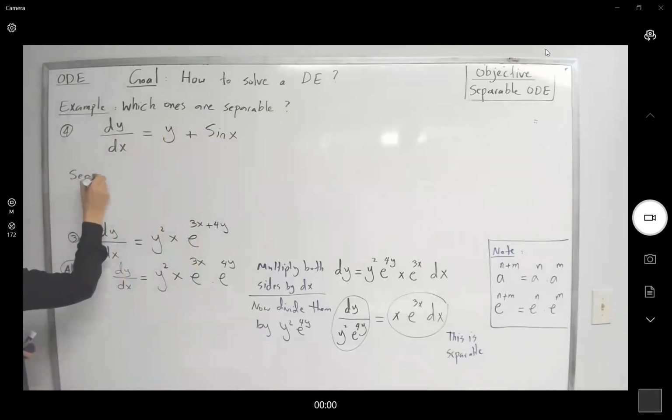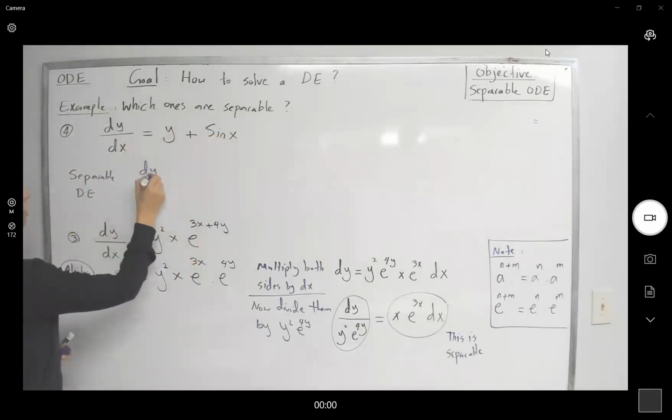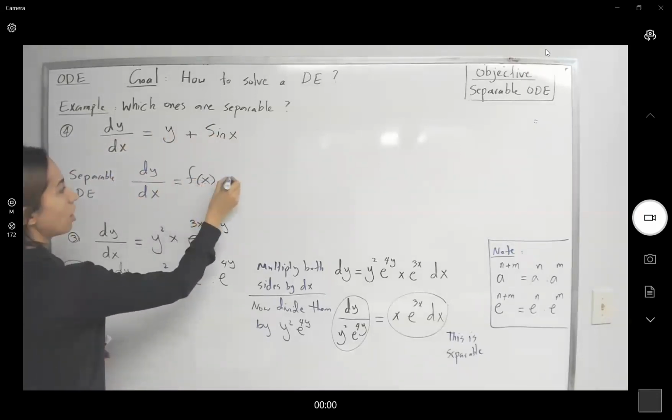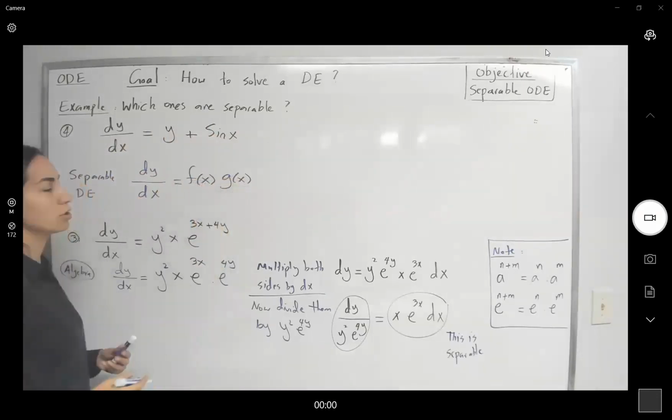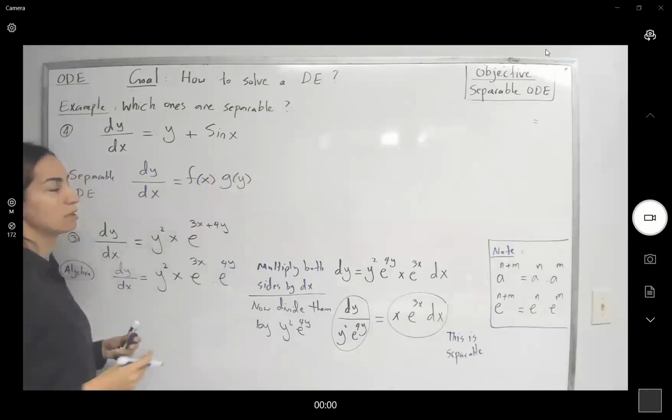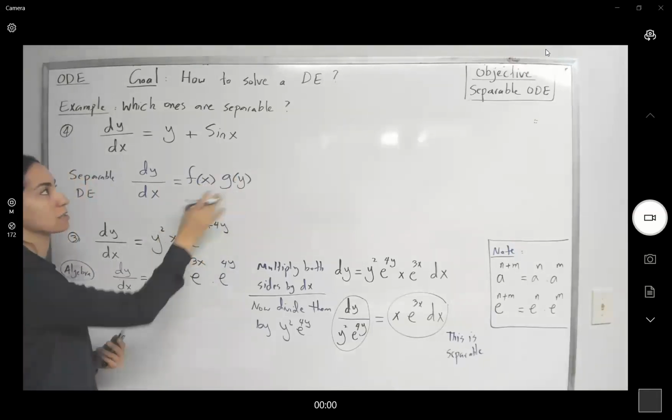A separable differential equation has the form dy over dx equals f of x times g of y. Here you need to see the multiplication between two expressions, two functions that you have on the right-hand side.